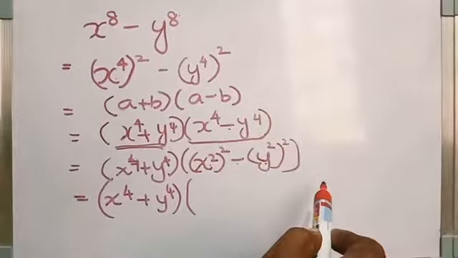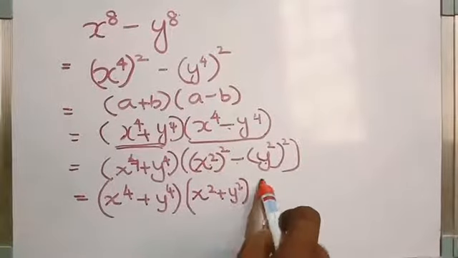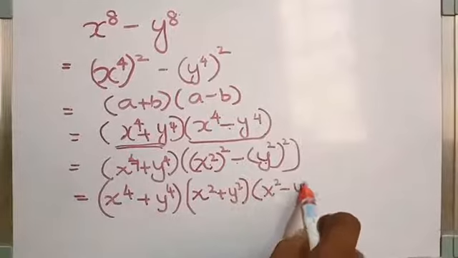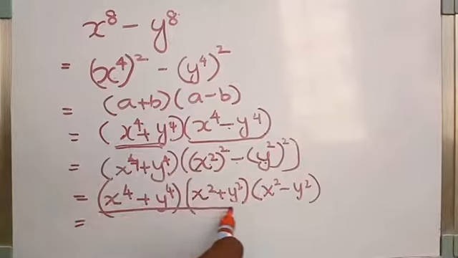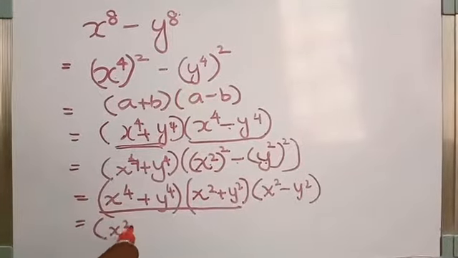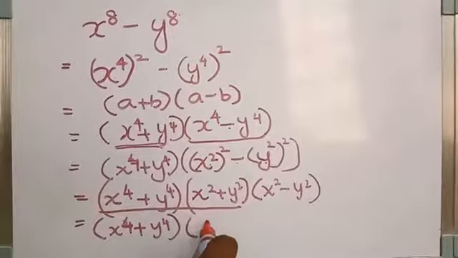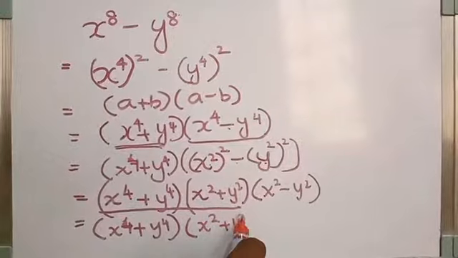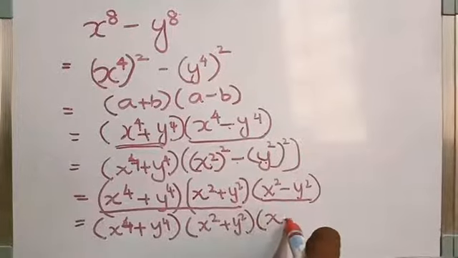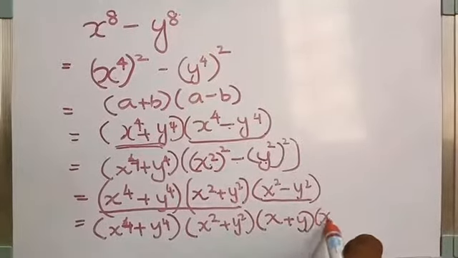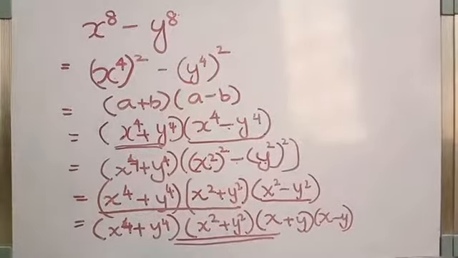So it will be a plus b into a minus b, or x squared plus y squared into x squared minus y squared. Now in the next step, we cannot do anything for these. So it remains x raised to 4 plus y raised to 4 into x squared plus y squared into, and x squared minus y squared can be factorized as x plus y into x minus y. So this will be the factorized answer.